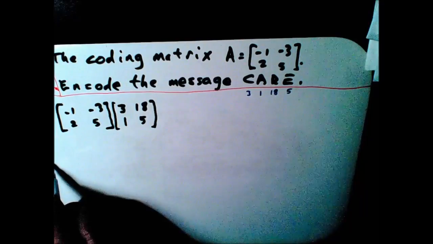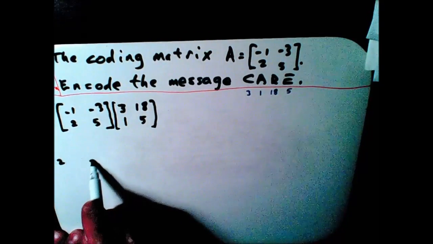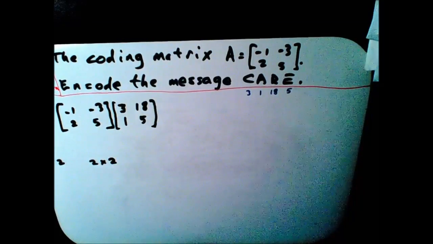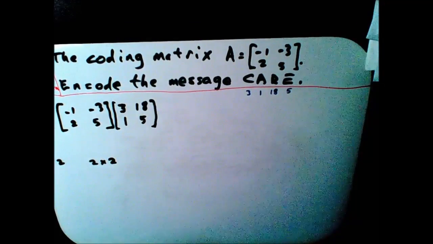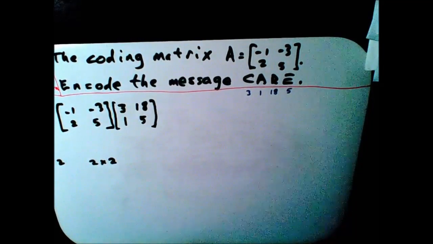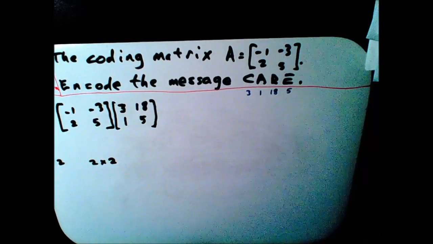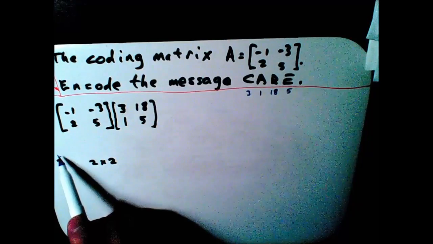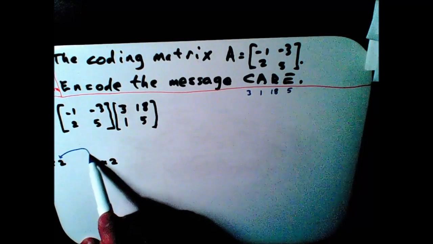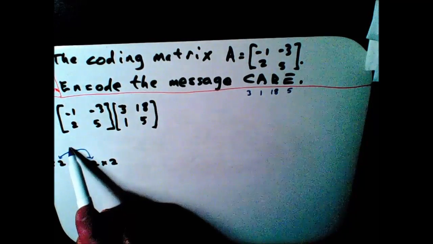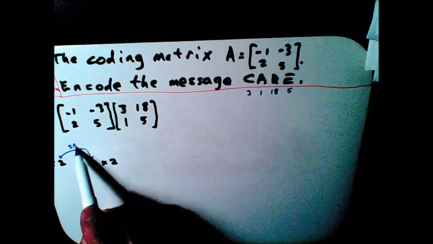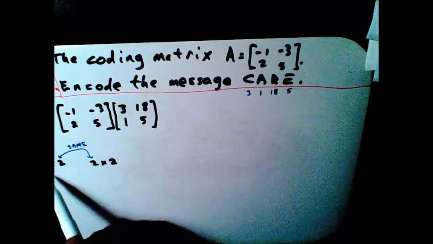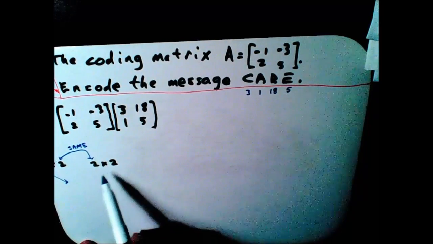First matrix that we have is a 2x2. The second one is also a 2x2. And the only reason that we are able to do the matrix multiplication is that the number of columns in the first matrix is the same as the number of rows in the second matrix. Okay, these are the same. And the result will be a 2x2 matrix.